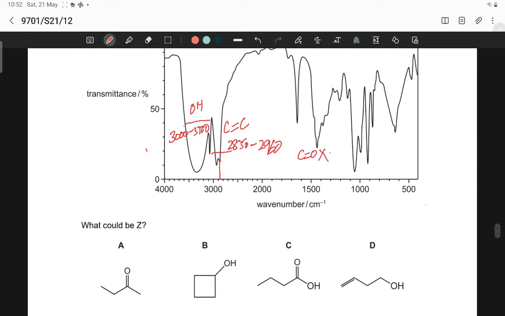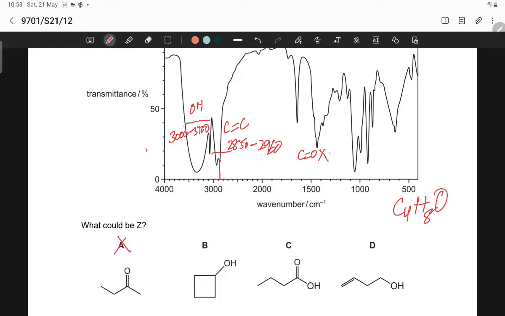C4H8O. C4H8O molecule contains OH group as well as alkene group. So this is only ketone group, so this is incorrect.